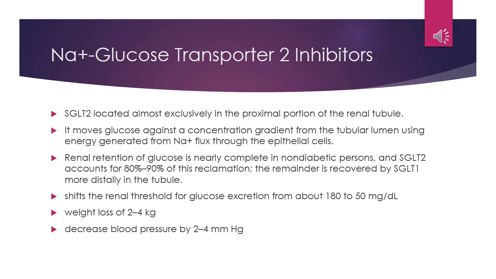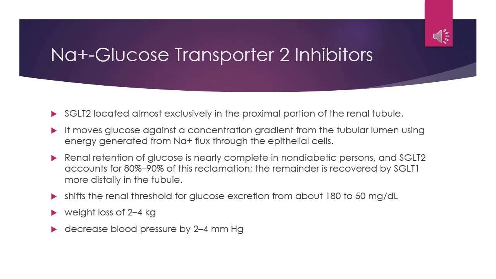Their action doesn't depend on the presence of insulin, nor do they affect metabolism of carbohydrates. When in a diabetes mellitus patient blood glucose level rises above 180 mg per dl, there is loss of glucose in urine. SGLT2 inhibitors decrease this threshold level to 50 mg per dl.